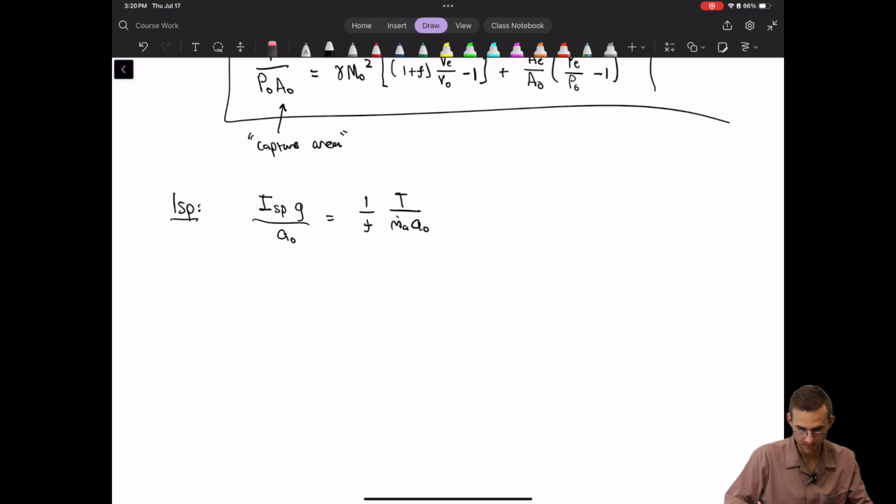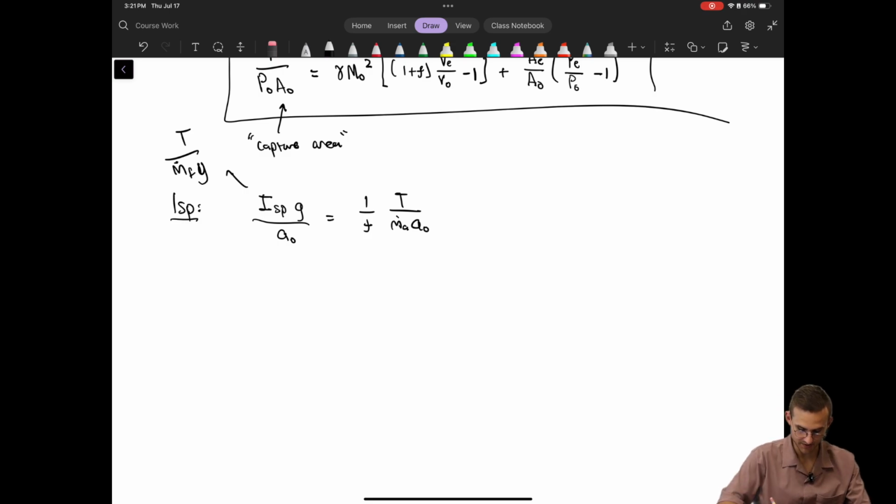Because remember that ISP itself is thrust divided by m dot fuel, and so F times m dot A is m dot fuel. And then the G gets rid of the m dot fuel times G. So ISP is normally defined as thrust divided by m dot F times G, right?